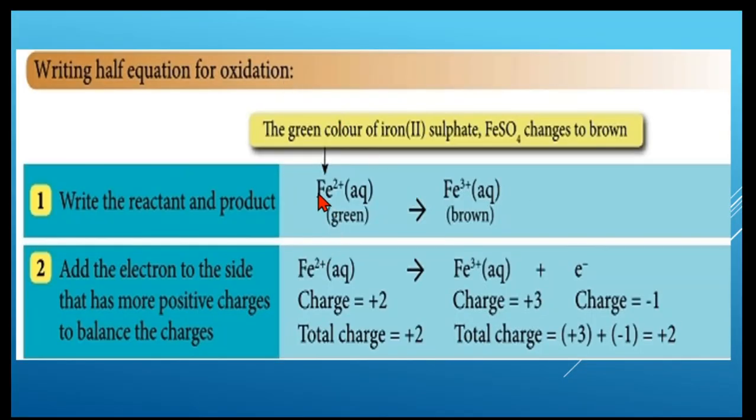So here Fe2+ loses an electron and becomes Fe3+. Fe2+ becomes Fe3+ because it loses 1 electron.